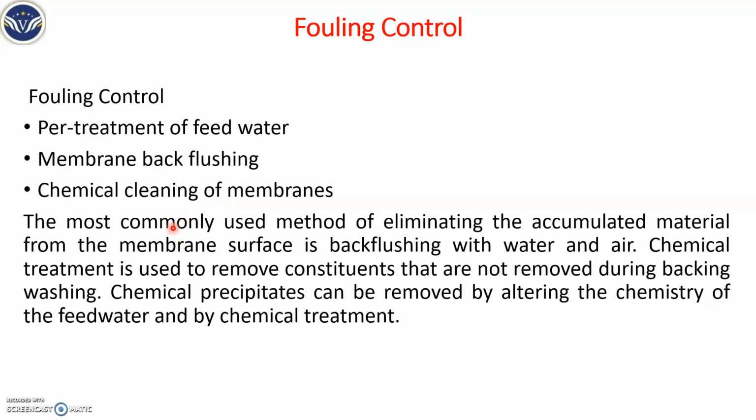When chemical treatment is given, after backwashing some constituents remain back. They cannot be removed by backwashing. So they can be removed by putting some chemical, or chemical precipitation, into the feed water. This is known as chemical treatment. So when we do it, at that time we can remove those impurities from those membranes.